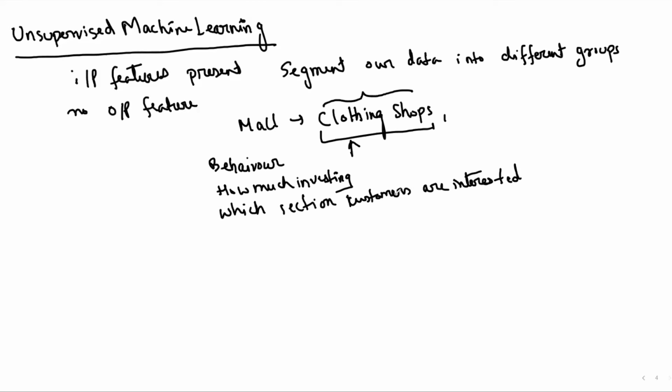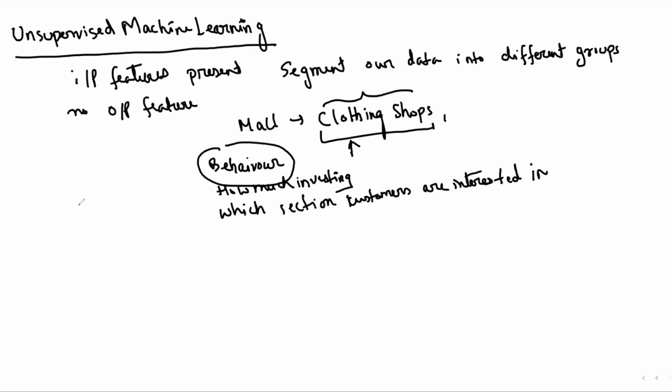There may be a kids section, a women's section, a men's section, right? As an owner, I want to know, because based on it, I will increase or decrease my quantities. Let's say there is a huge demand in the kids section, so I will include more and more new fancy stuff in the kids section so that I can increase my revenue and my profit, right? So it's very important for the owners to understand the behavior of the customers.